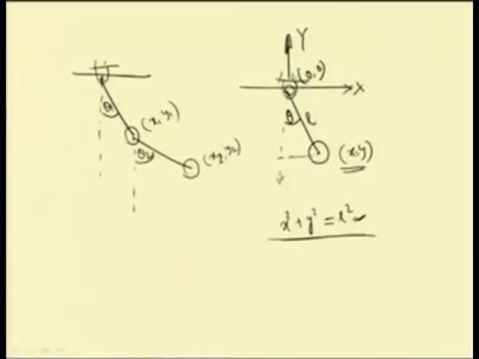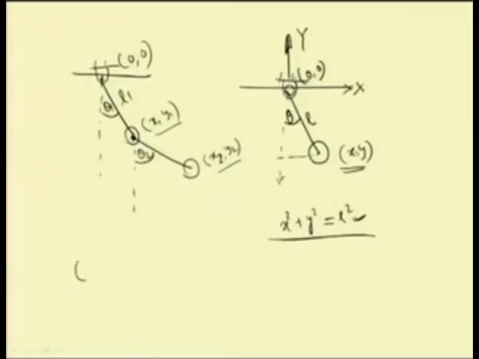So, one can eliminate 2 of these 4 physical parameters by using the constraint equations, that is x1 minus 0.